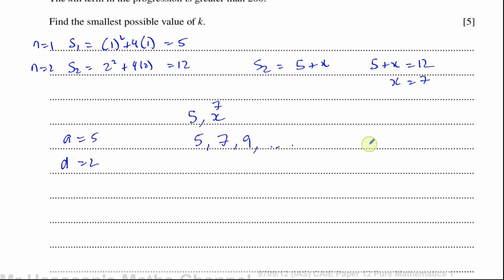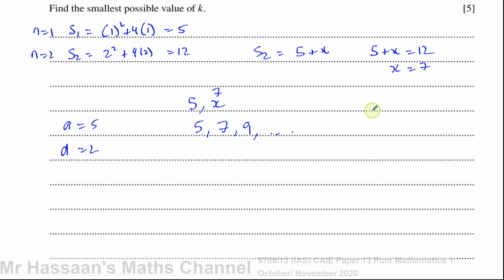To find a particular term in an arithmetic series, this is something you'll find in the formula book: un equals a plus n minus 1 times d. This is the nth term of an arithmetic series. a is the first term, d is the common difference, and n is the term that we're on.